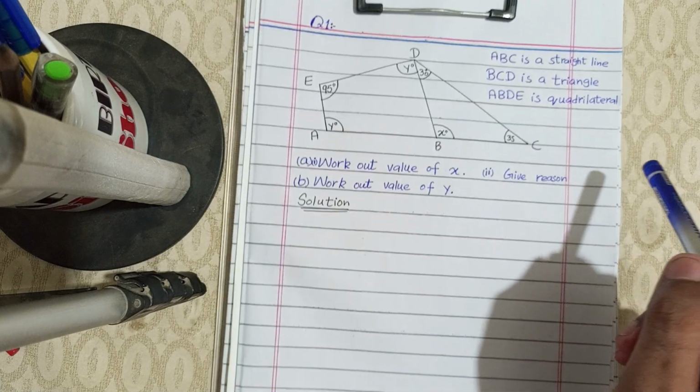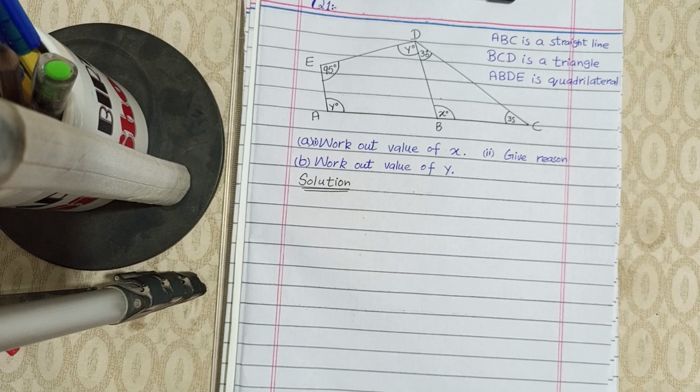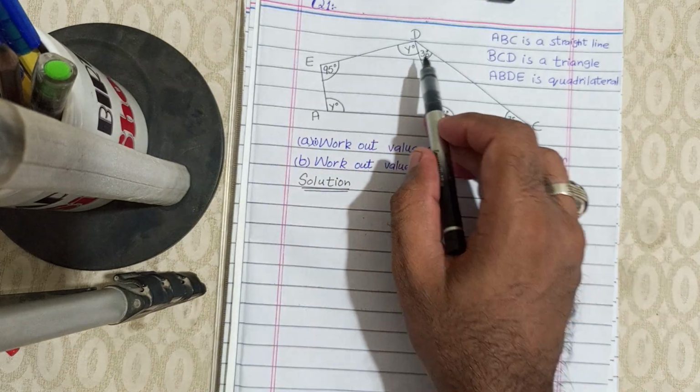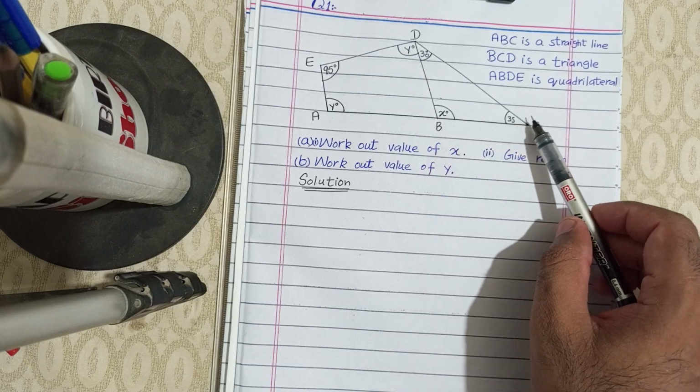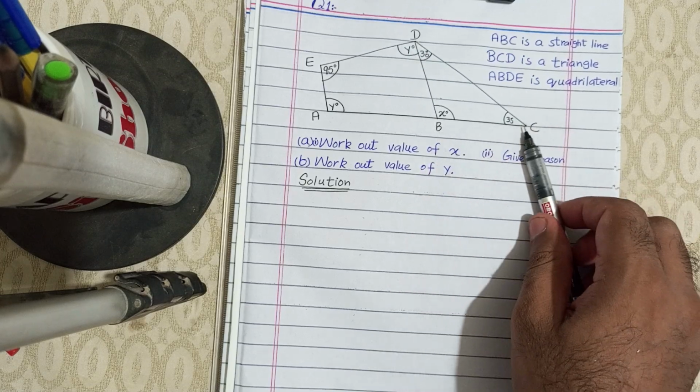Now let's start. First of all, if we see this diagram, this is a triangle BCD.